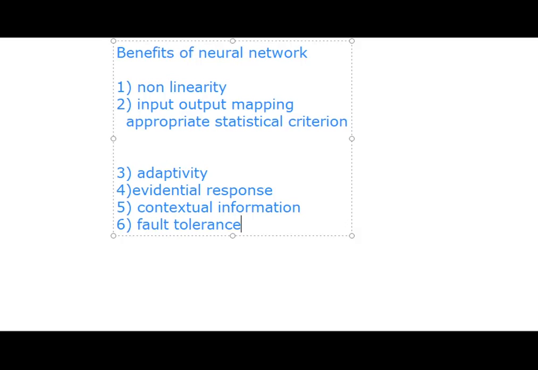Fault tolerant. Okay. The seventh point is VLSI implementability. What does it mean? The massively parallel nature of the neural network makes it potentially fast for the computation of certain tasks.